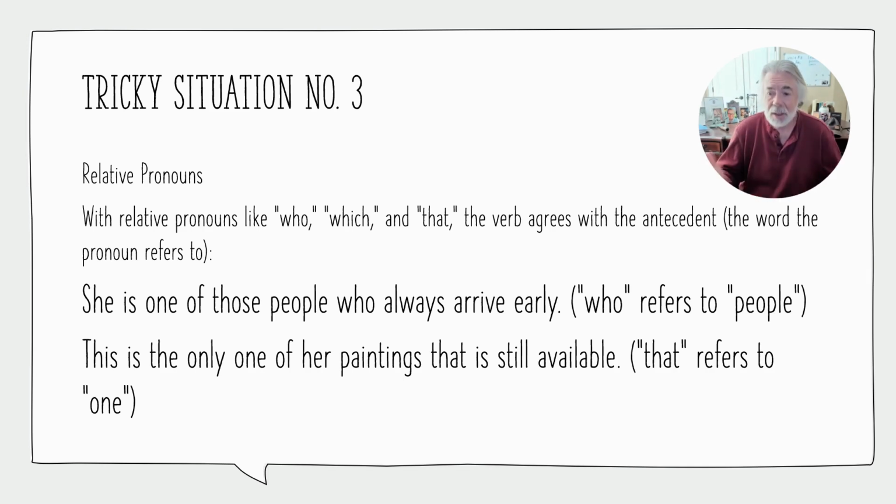And so she is one of the people who, not one of the people that, always arrive early. This is only one of her paintings that, not one of her paintings who. We understand, I think, intuitively the last one, but we often mess up and use "that" instead of "who" when we're referring back to a person. I think that one is actually fairly logical and shouldn't totally mess with your brain.